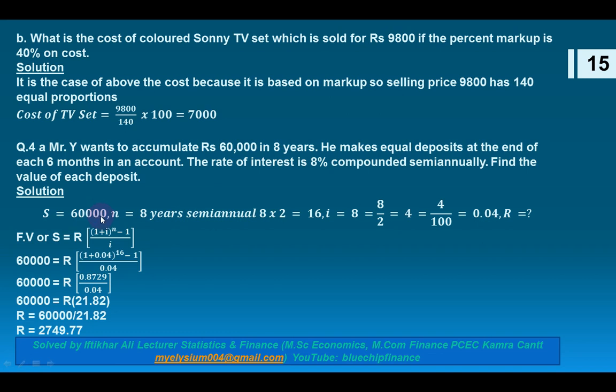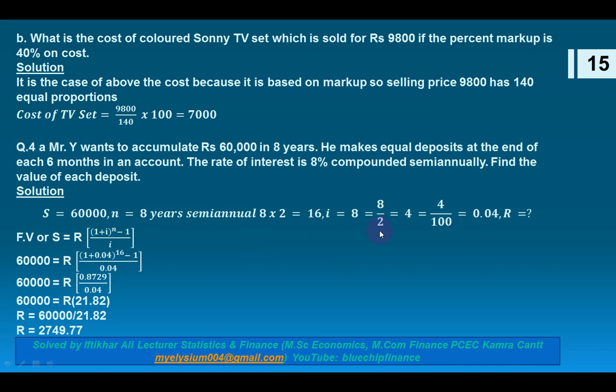So S is 60,000, time period 8 years, but it is the case of semi-annual payment. So 8 years multiplied by 2, there should be 16 payments. Interest rate is 8% annual, but in the case of semi-annual, it will be divided by 2 because there are 2 semi-annual periods in 1 year.